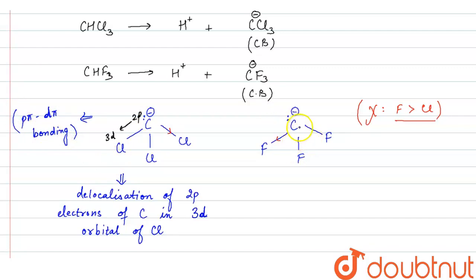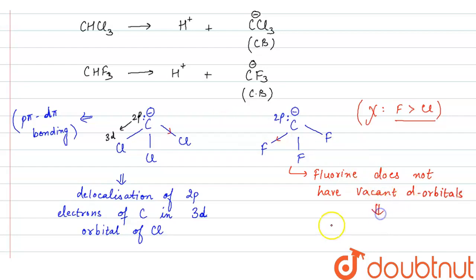Now if we look at CF3 negative, here carbon electrons are present in 2p, but fluorine does not have any vacant d orbitals, so back bonding is not possible.